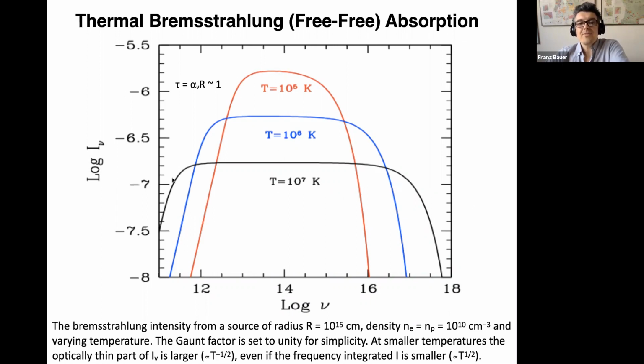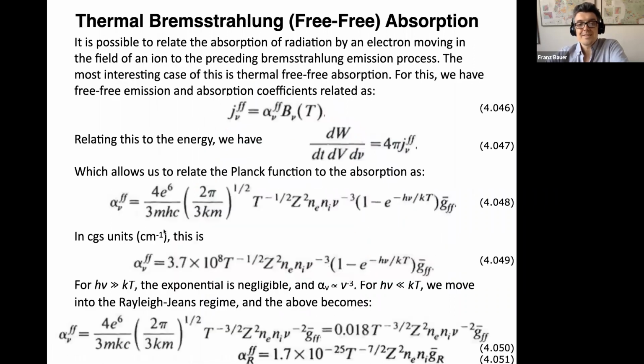But you also have that the optically thick portion of this increases as well. Why is that? That's because this absorption goes as the inverse of the temperature, right? So a lower temperature means more absorption and a higher cutoff.